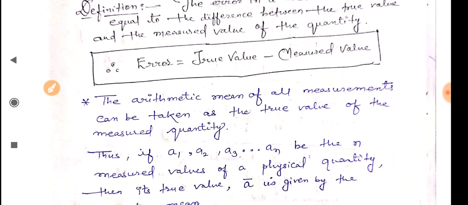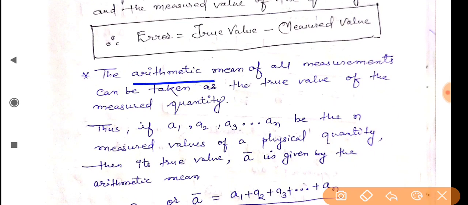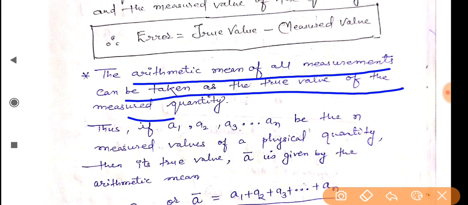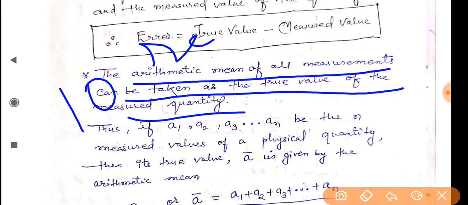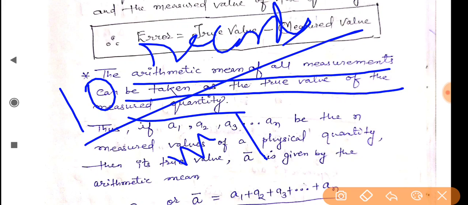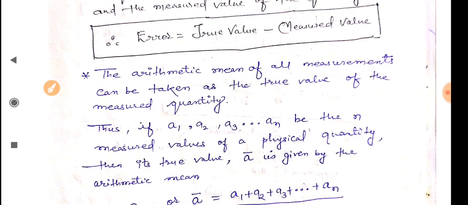Now, dear students, the arithmetic mean of all measurements can be taken as the true value of the measured quantity. For example, you are taking 10 records from your experiments, 10 measured values. Then you have to calculate the mean of all those values.